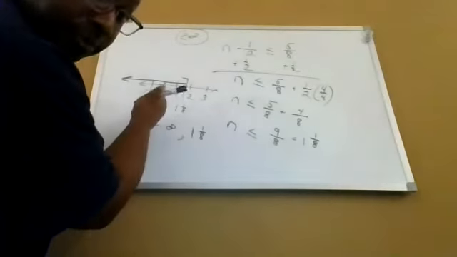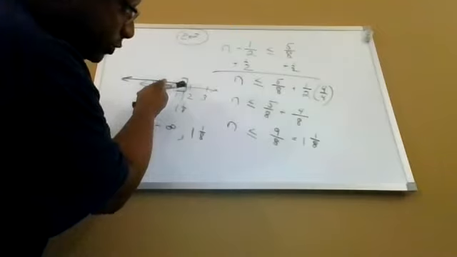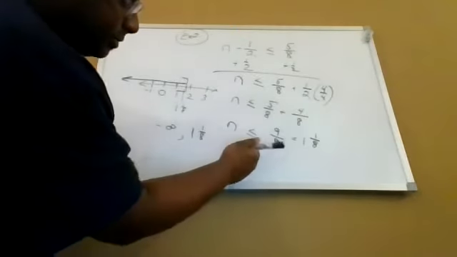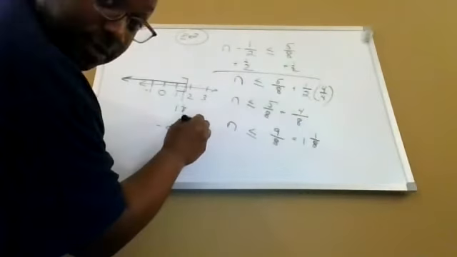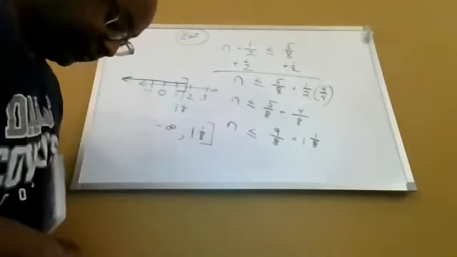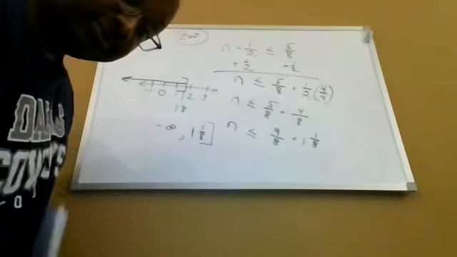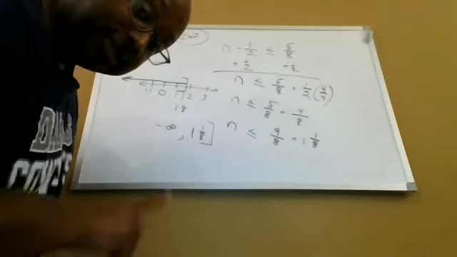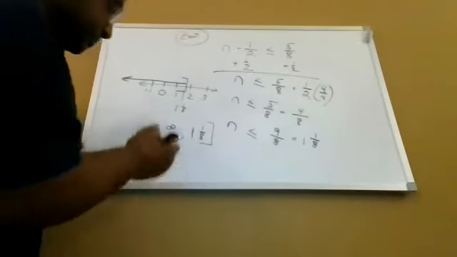Since we had the square bracket up here to include the point 1 1/8, I'm going to have a square bracket down here. And then for the negative infinity sign, we'll have just the left parenthesis.